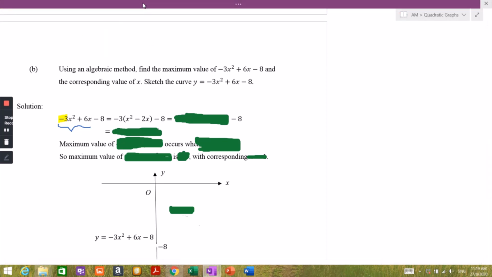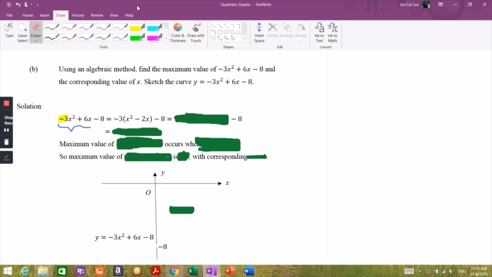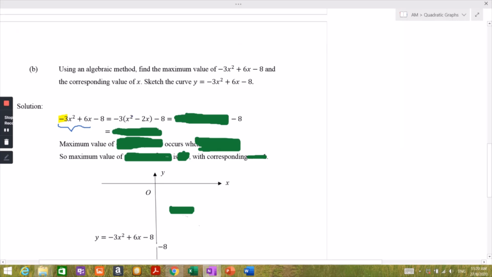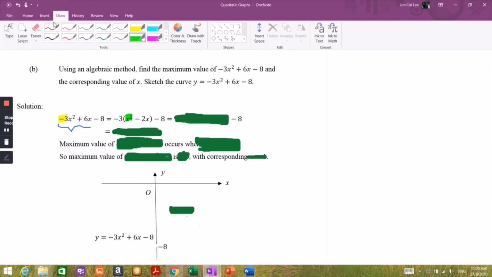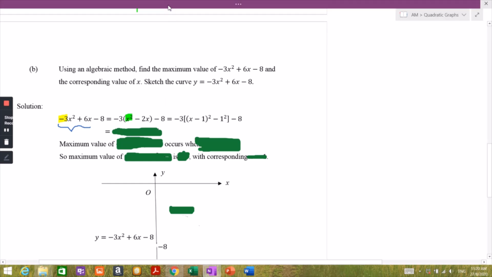The next step is actually quite involved, so do follow. What we are going to do here is to pull out a square from the bracket so that the x squared term subsequently will become the x term, like this.